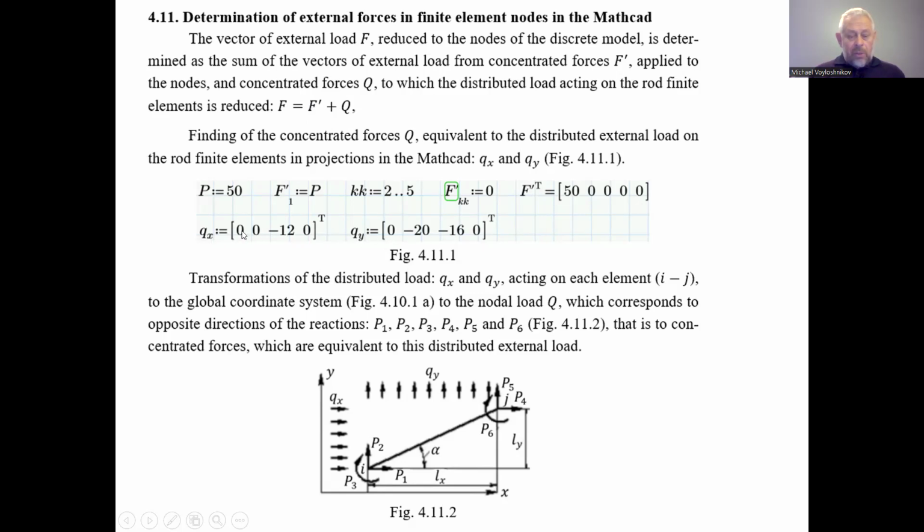This is for the nodes, F stroke, and q the force with the components applied to the nodes of the discrete model of the mechanical system.